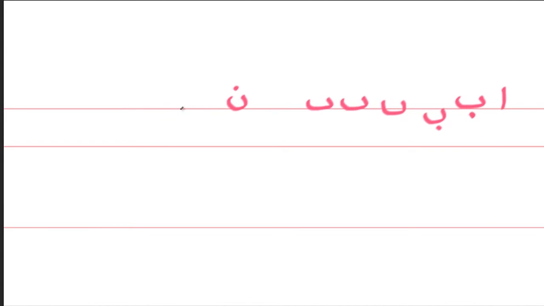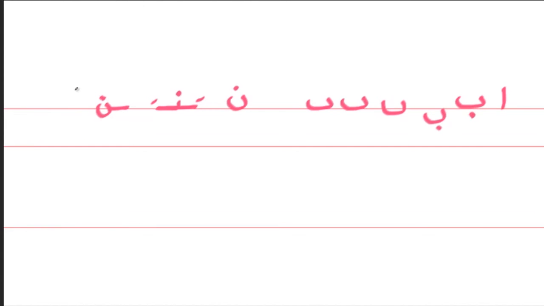But when it's in the middle of the word and there's a letter before it that connects, you have to draw the connection first, and then your Nun, and then if it connects to another letter after it, you have to draw the other connection. So it connects from both sides. I hope that makes sense. But let's say it connects only from one side: connection, and then it stops. So you have to draw the Nun in full.